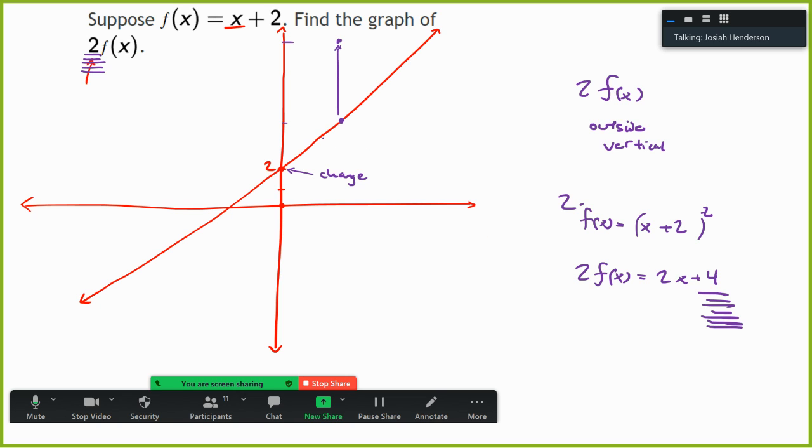So it is moving it up to here at 4. And it is still being stretched vertically by a factor of 2, like this. So it's steeper, and it's been pulled up to 4. Steeper because it's climbing faster than our original parent red line was.